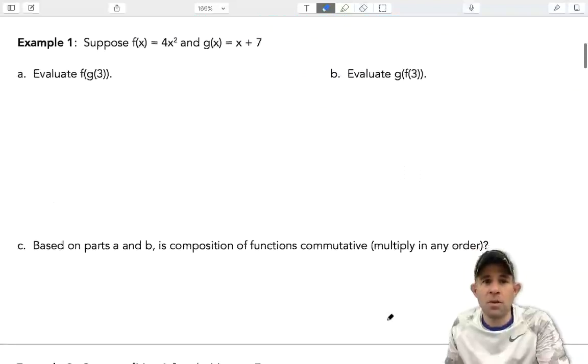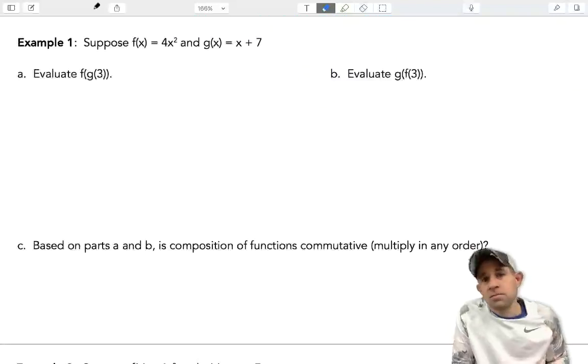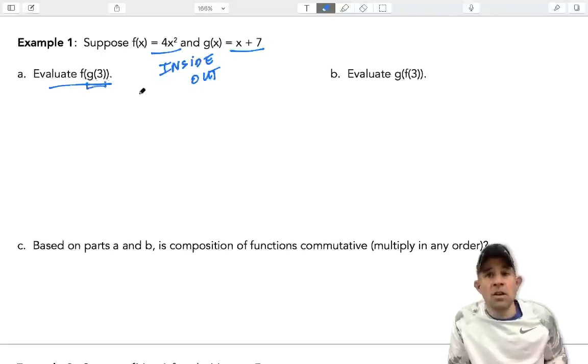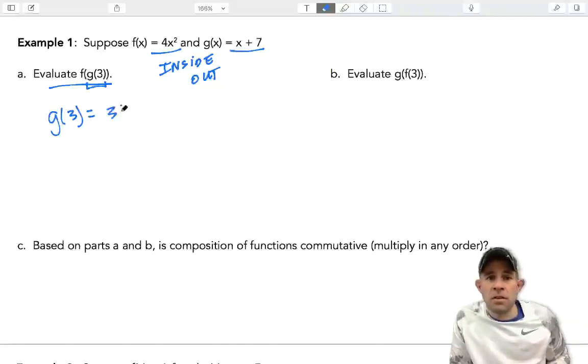In example 1, we are given the function f of x is 4x squared and g of x is x plus 7. We want to evaluate f of g of 3. So always keep this in mind: we're going to work from the inside out. The first function we're going to evaluate is the function g for 3. So let's evaluate g of 3. It is equal to 3 plus 7, and that results in 10.